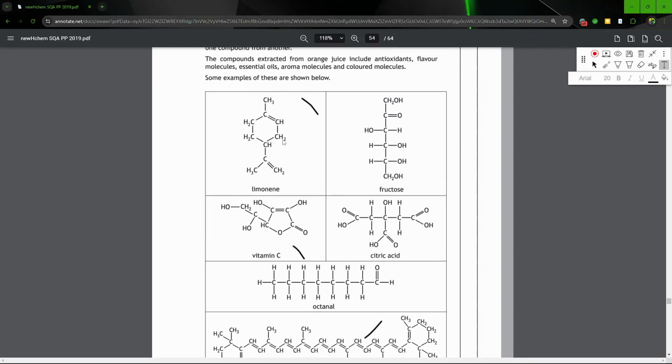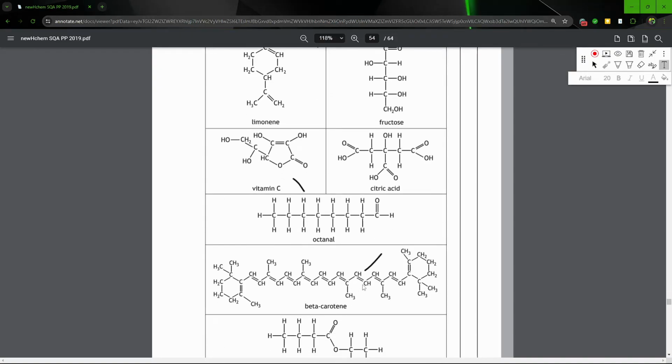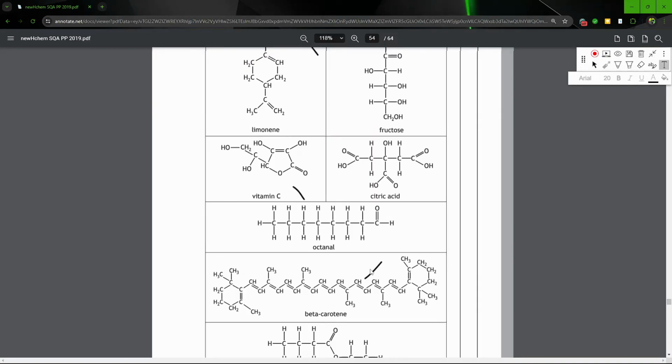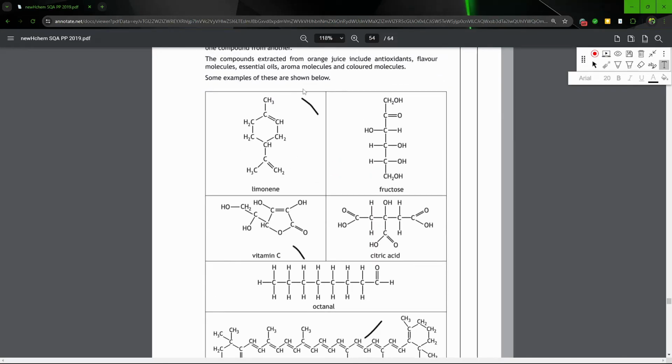If you have a look at this one, vitamin C here is a very polar molecule, but this beta-carotene is completely symmetrical, well, pretty much. It's going to be pretty non-polar, and so is limonene. Yeah, there's some stuff there, but it's not much.